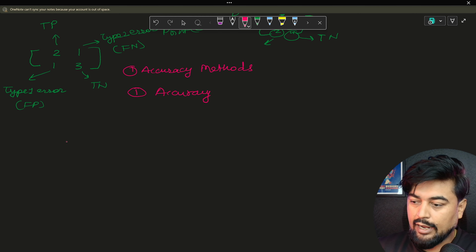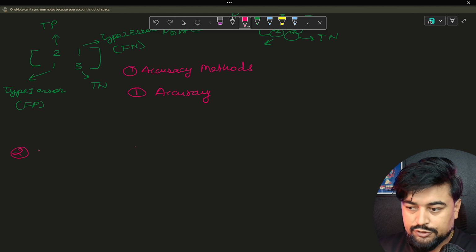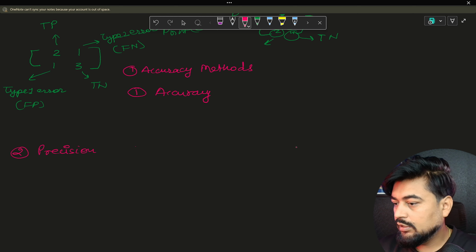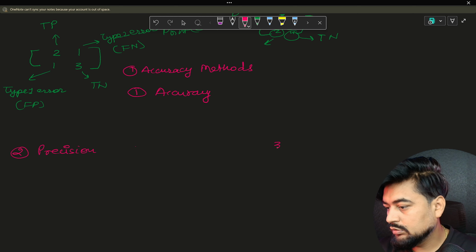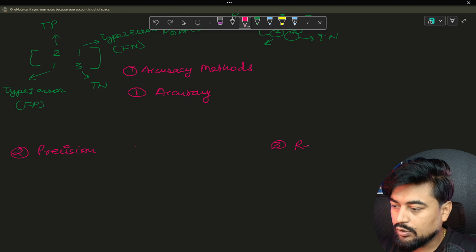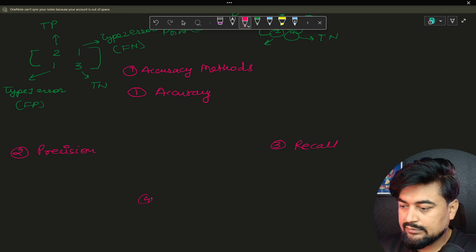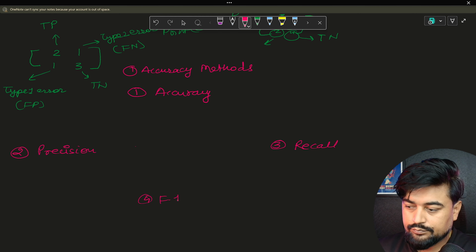I will tell you how to calculate the accuracy. Then the second method which we use is precision. Then third metric which we use is known as recall. And the fourth metric is known as F-1 score.